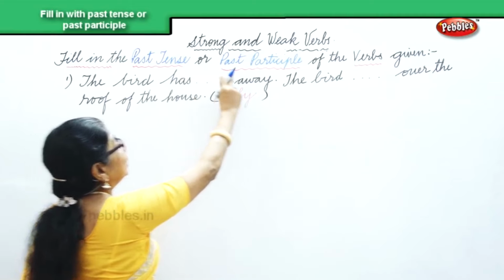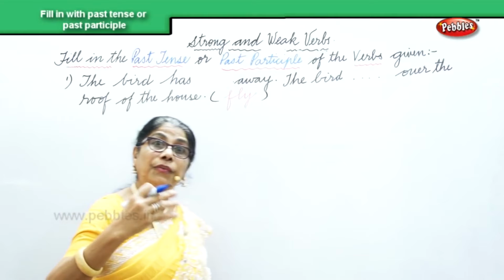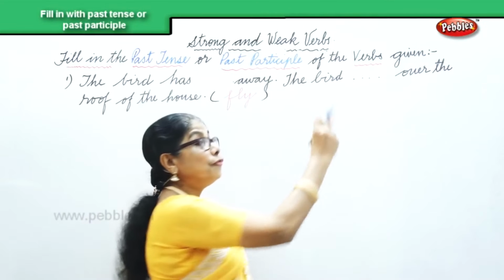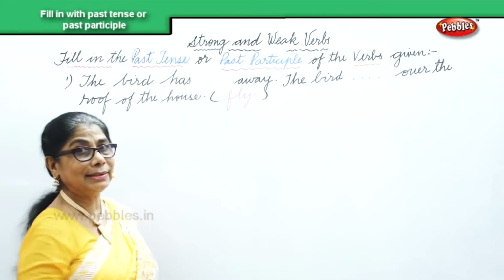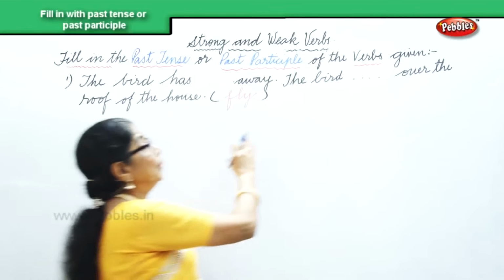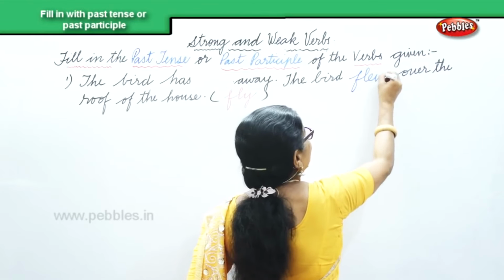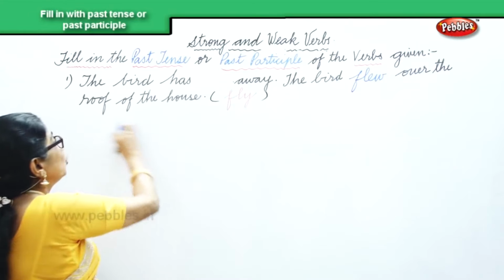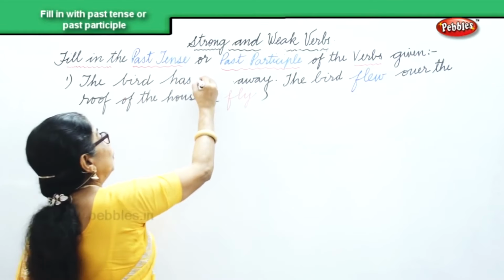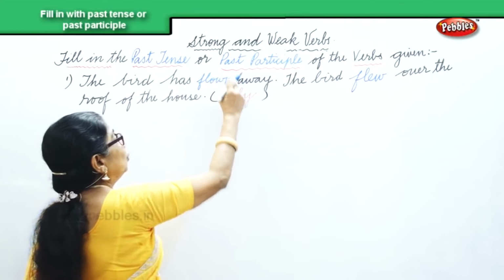So the past participle is first. The bird has flown. Past participle. The bird flew over, past tense. So we are using the present fly. When you say the bird flew over the roof of the house, that's the past tense. Now here, the bird has flown away.